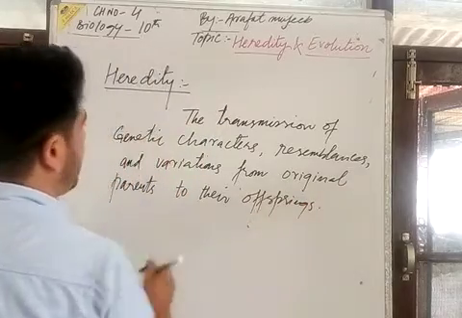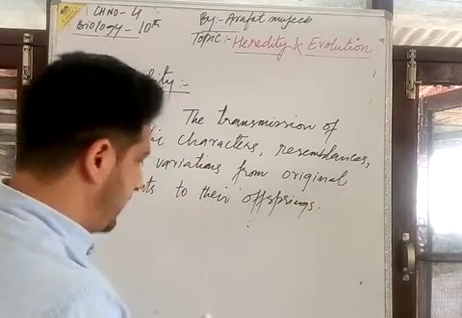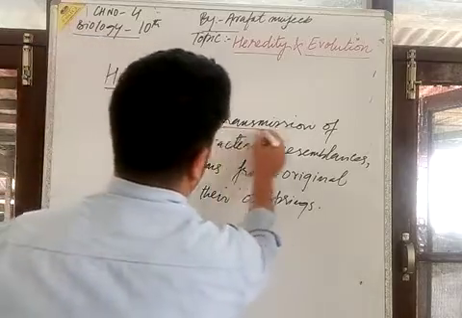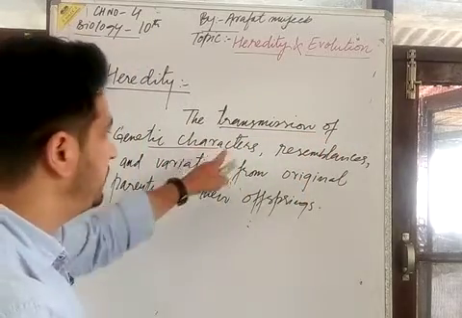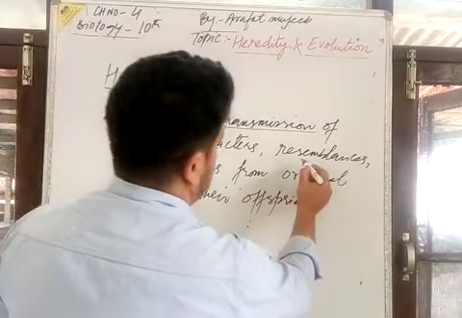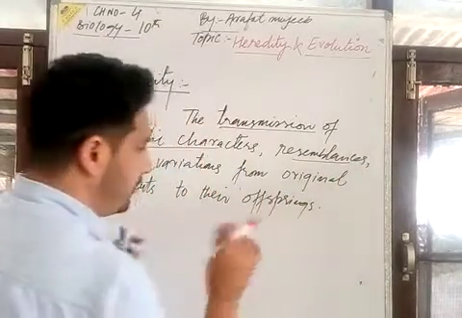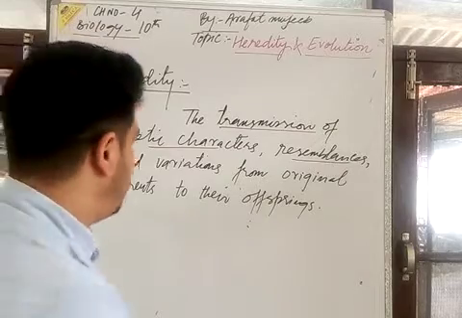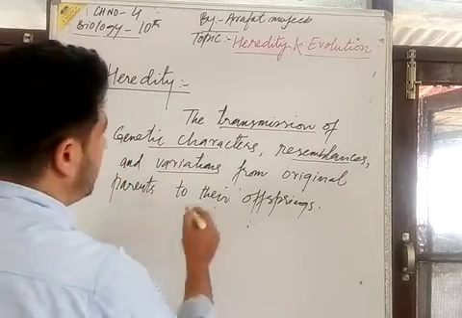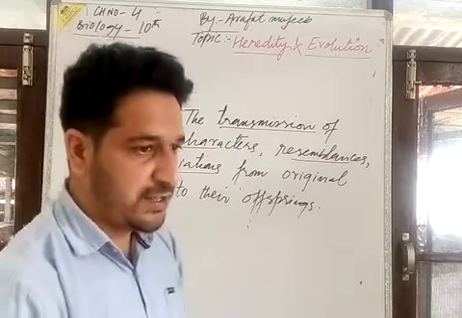क्या होते हैं हेरिडिटी, हाउ आई डिफाइन दिस टर्म? It is simply the transmission of genetic characters, रिजेम्बलेंसेस, जो मिलते जुलते हैं कुछ कैरेक्टर्स पेरेंट्स के साथ, and variations. Also there is a transmission of variations.